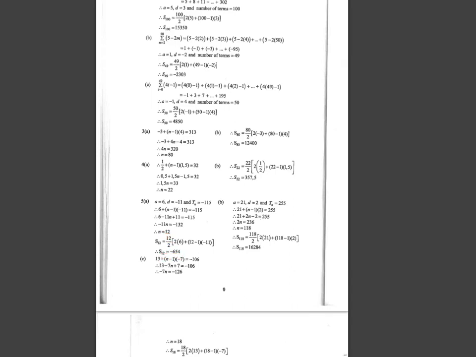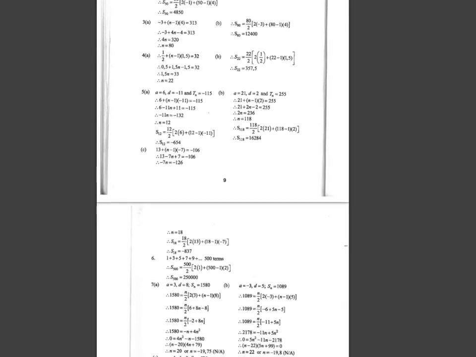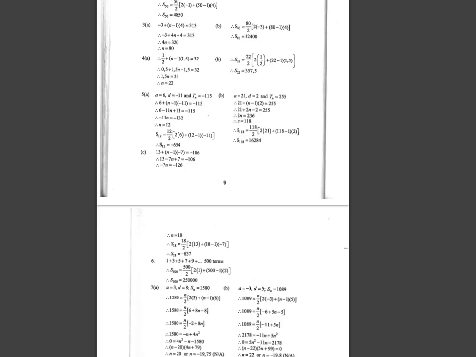And then 5B, there's 118 terms in the sequence, and then you find the sum. 5C continues here on the bottom. 5C, the sum of 18 terms is minus 837. There's question 6, the one with the 500 first odd numbers.